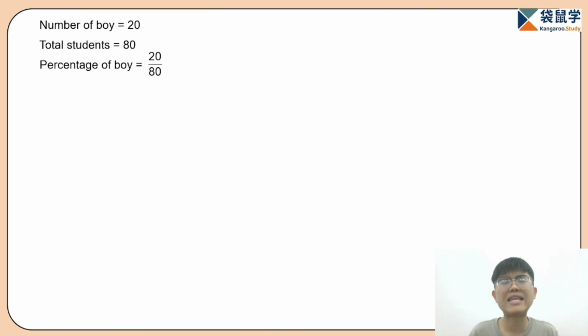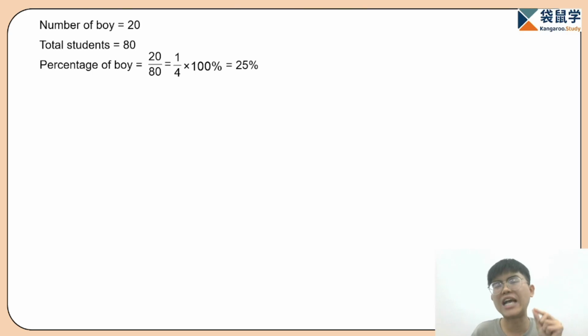The 20 over 80 is also equal to 1 over 4. Since we are trying to find percentage, we must multiply by 100%. And we also need to multiply the numerator and the denominator by 25 so that the denominator can be made 100, and we will get 25%. So we use the number of boys and the total students to find the percentage of boys.